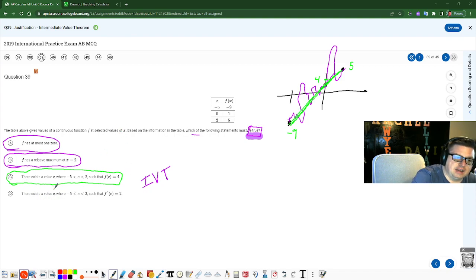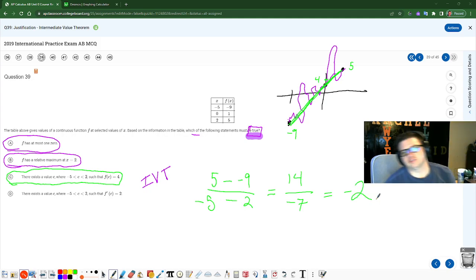there exists a value where f prime of c equals 2. So 5 minus -9, that would be a positive 14 over -5 minus 2, which is -2.